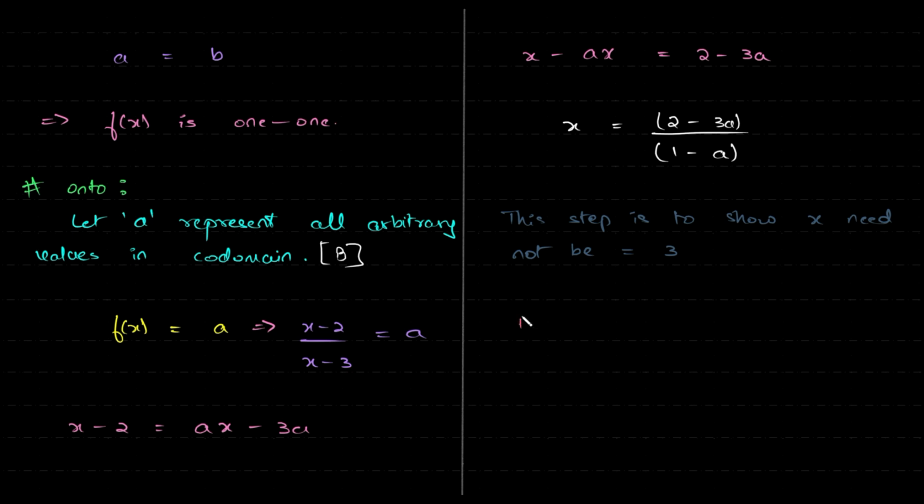How will we do that? Simple. We'll see what happens for x is equal to 3. So 3 will be equal to (2 minus 3a) divided by (1 minus a). A bit of rearranging: what do we have? 3 minus 3a is equal to 2 minus 3a.